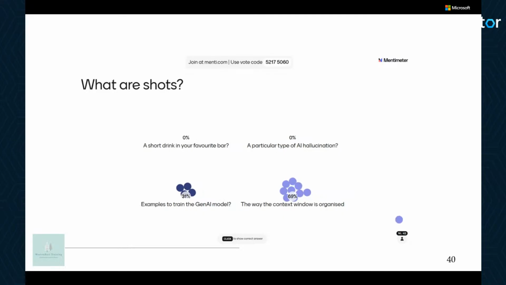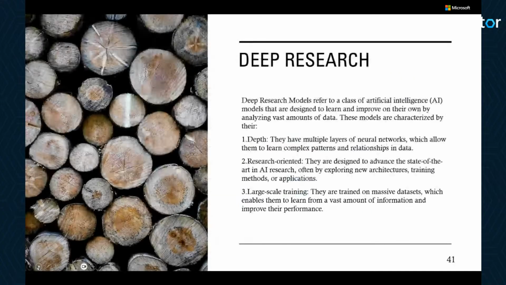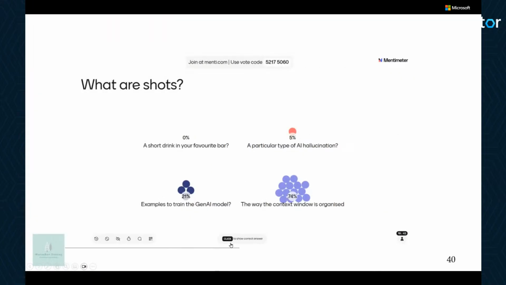Oh, intriguing. We've got a little bit of a difference in view here. So this one is actually more about putting examples in, both good and bad. We're going to talk in more detail in a few minutes about what shots are in the world of AI.